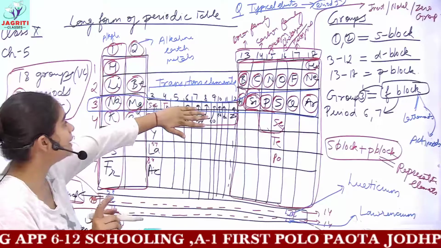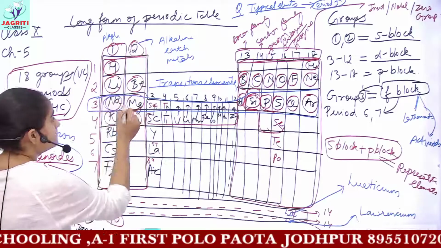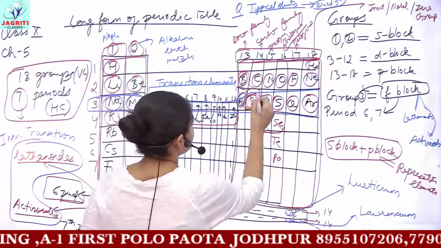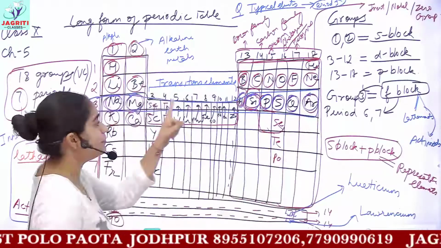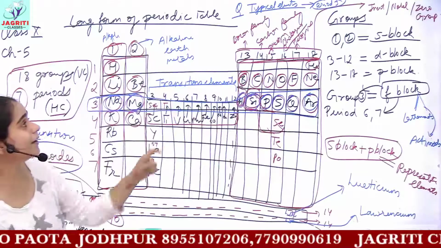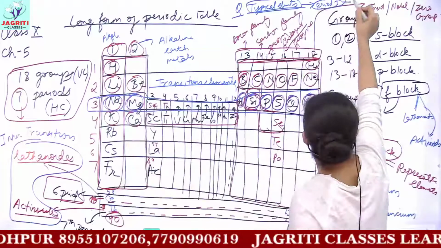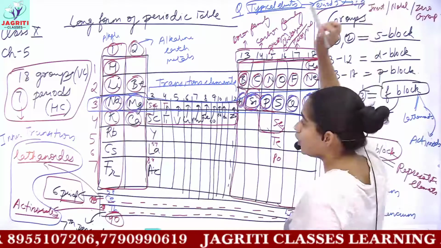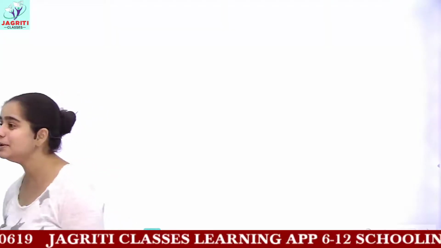So the typical elements are sodium, magnesium, aluminium, silicon, phosphorus, sulfur, chlorine and argon. All the elements which I circled with the blue marker are called typical elements. That is, the period 3 elements of the S block and P block are called typical elements. These are only reference names given to these elements, but questions can be asked in exams, so you have to remember the names given to your elements.